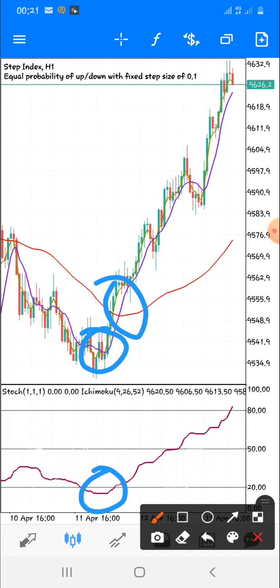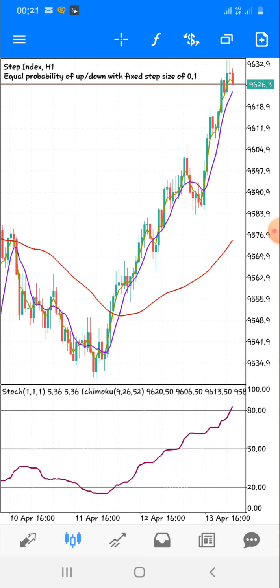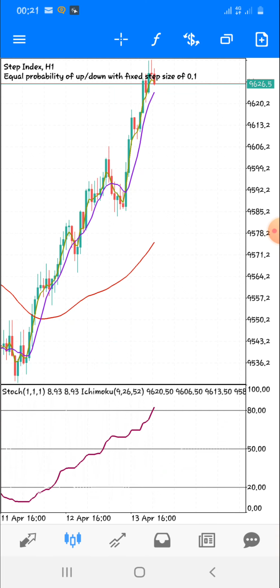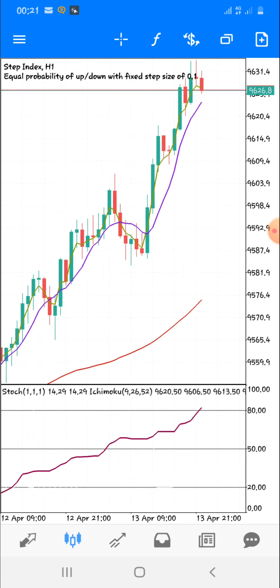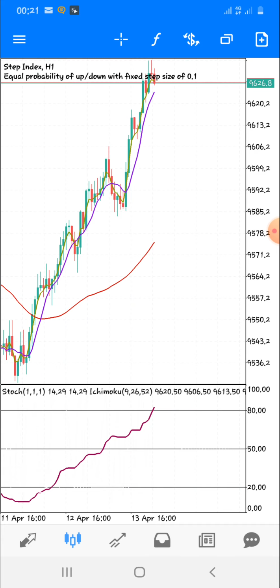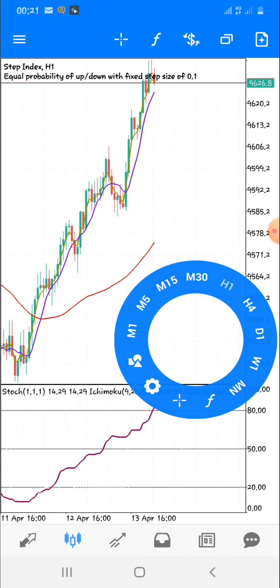So the trend has been up since then, so you can take your buy. As I've been explaining from my introduction, on the 1 hour time frame, there is a step by step entry.